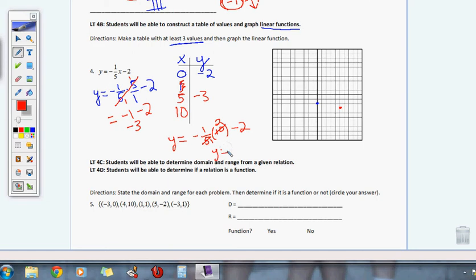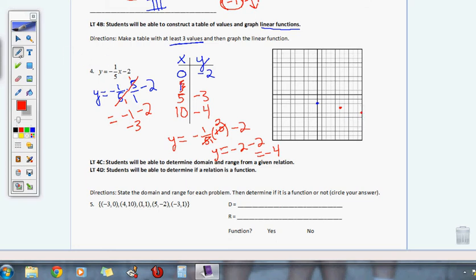So now we're getting a y value of negative 2, subtract 2, and that's coming out to negative 4. So 10 plugged in gives me a negative 4. So when I go to my graph, I'm going to go right 10, and I'm going to go down 4. The graph's not the greatest here, but we'll put that right there.